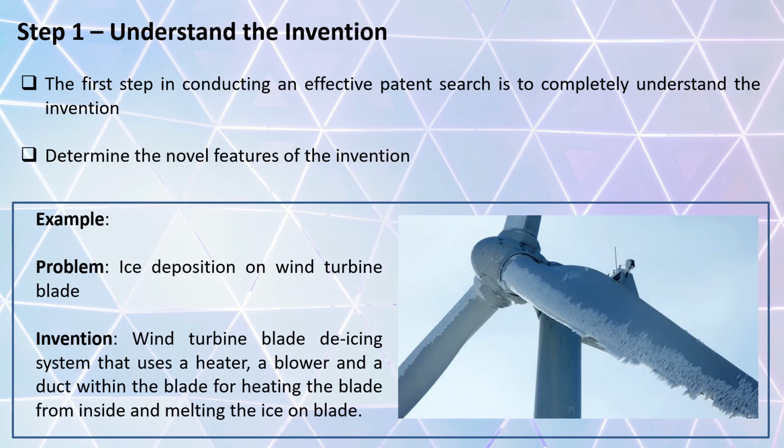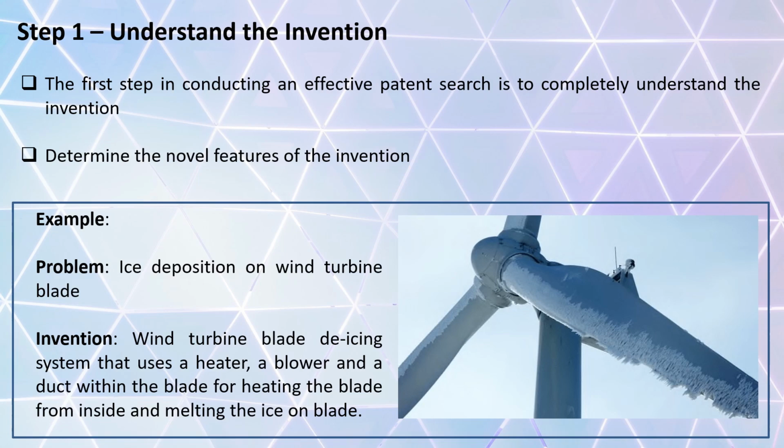In cold countries, ice usually gets deposited on the wind turbine blades, and because of that, a lot of problems happen. There is a problem in turning of the wind turbine blade, and then measurement error happens. So there are certain drawbacks associated with deposition of ice on the wind turbine blades.